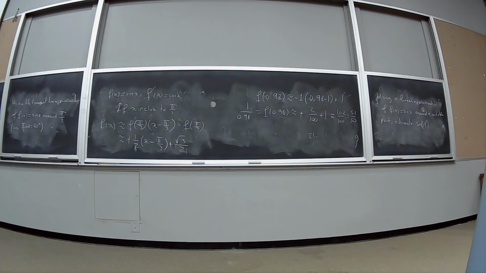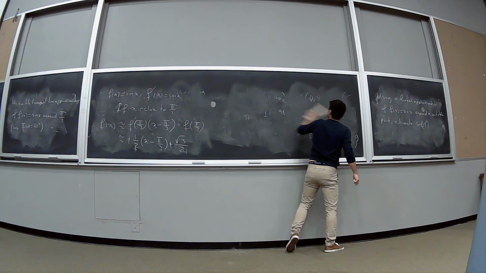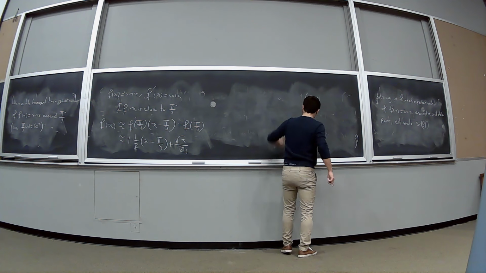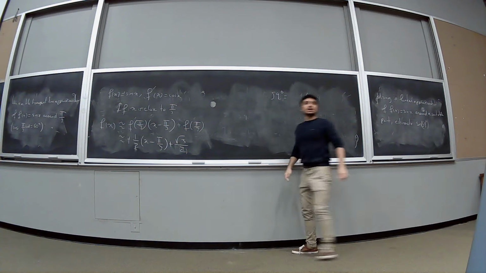Great. Now, how should I plug x? Could I plug x as 59 degrees or I should transform it to radians? Radians. I should transform x to radians. What is 59 degrees? One degree is how many radians?